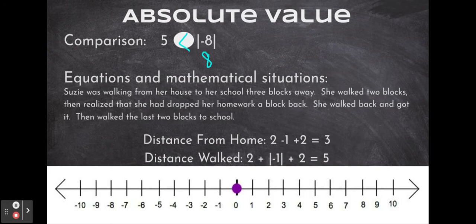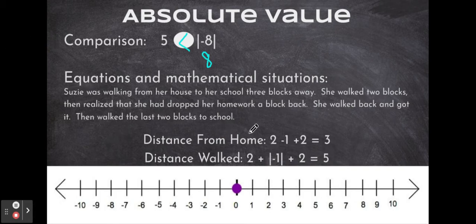Another place that you're going to see absolute value being used is with equations in mathematical situations. For example, let's say Susie was walking from her house to the school, which is 3 blocks away. She started walking, she walked 2 blocks, then realized that she had dropped her homework a block back. So she walks back 1 block to get it, and then walks the last 2 blocks to school.